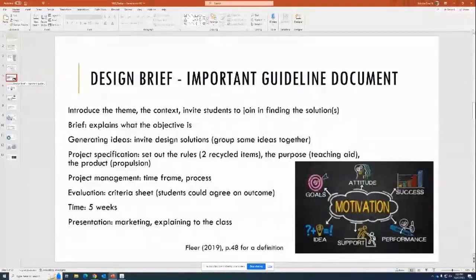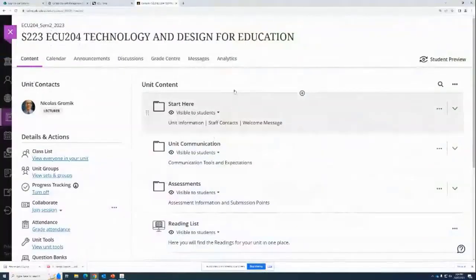Then you go through your prototypes and you evaluate your outcome and you have a presentation to your clients. And in this case, you're going to have a presentation to me. You're creating a PowerPoint of your prototype for the benefit of the teacher and the benefit of evaluating your work. Don't forget that you need to push your thinking to its furthest point.